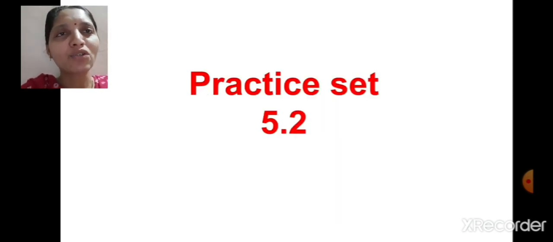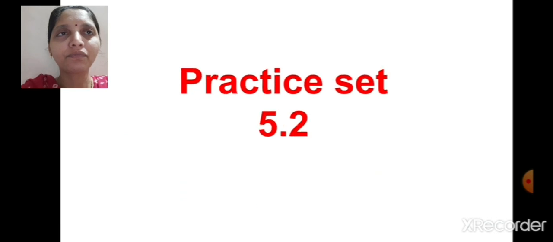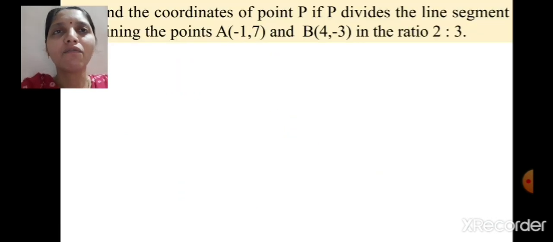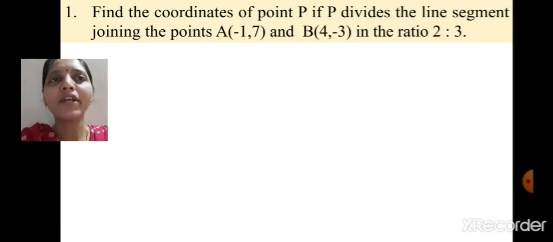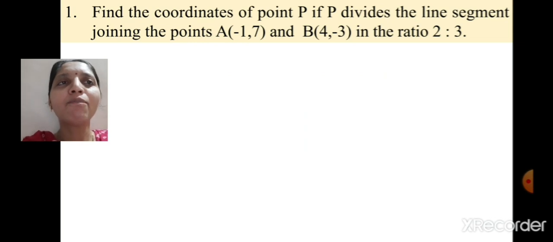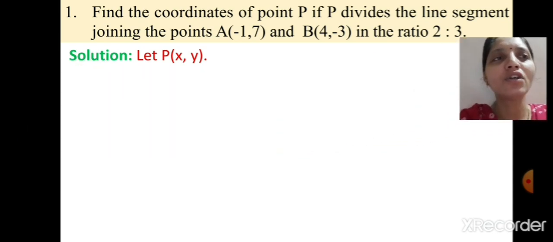Now let's try to solve problems based on these two formulas from practice set 5.2. First sum: find the coordinates of point P if P divides the line segment joining the points A and B in the ratio 2:3. So let's first start with the solution. Let point P have coordinates x, y.